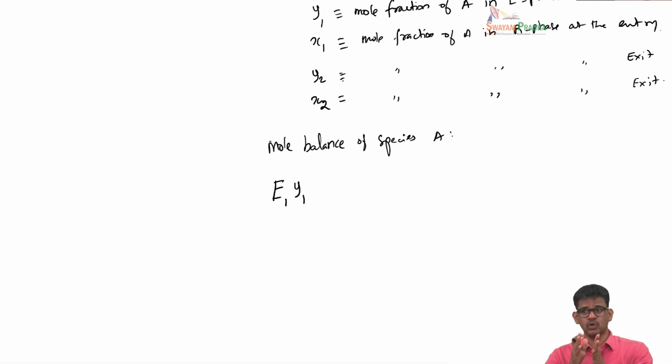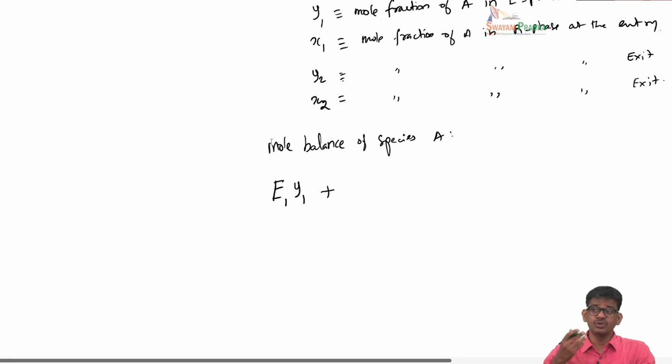E1 is the total molar flow rate, Y1 is the mole fraction. So E1 times Y1 is the total moles of solute A entering per unit time in the E phase. Solute is also entering through the R phase, that would be R1 X1. This is the entry point.